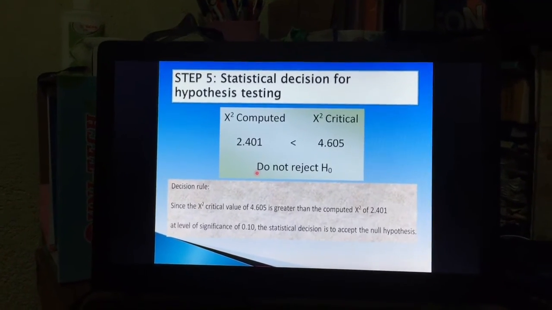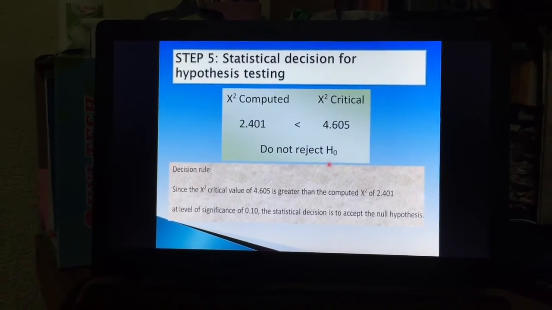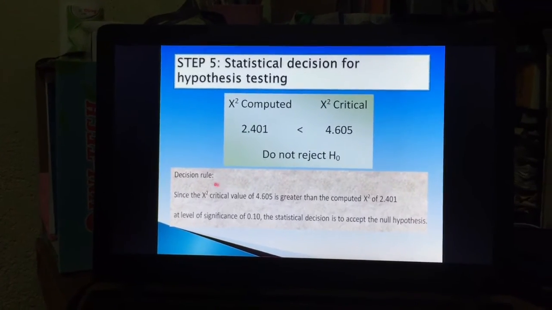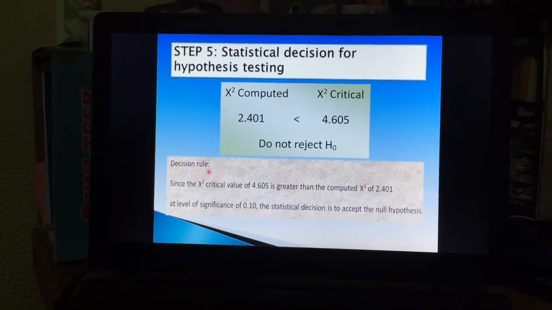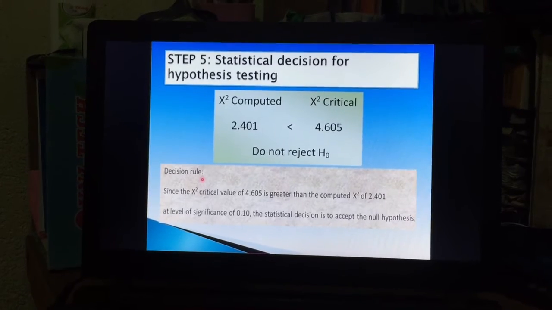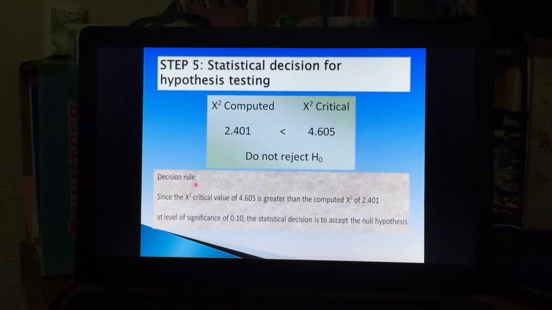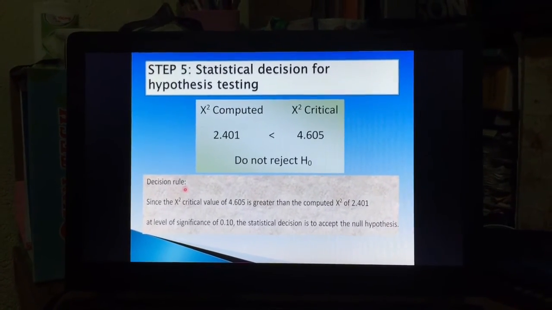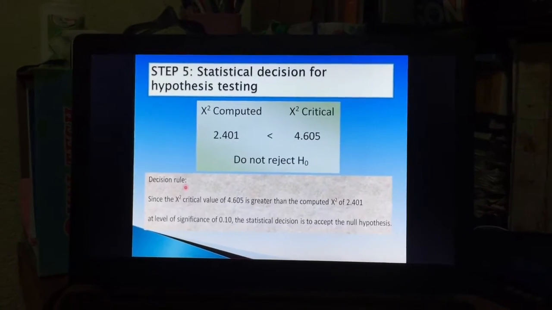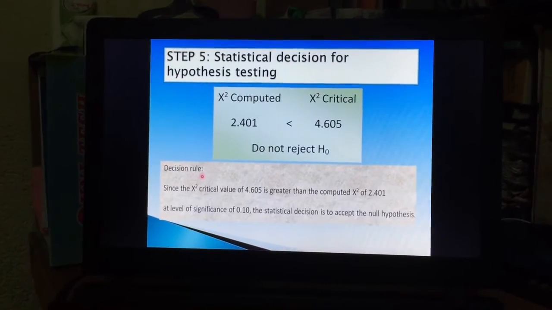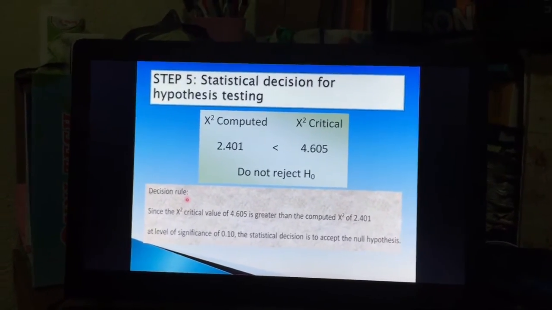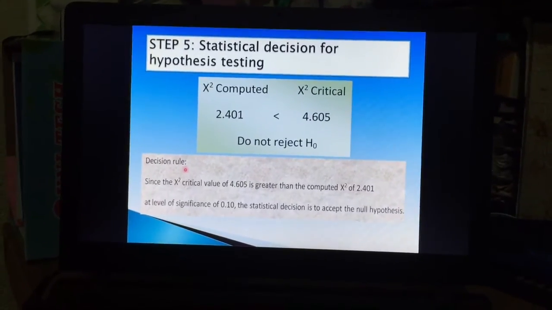Therefore, we are not going to reject the null hypothesis. And for our decision rule, since the x squared critical value of 4.605 is greater than the computed x squared of 2.401 at level of significance of 0.10, the statistical decision is to accept the null hypothesis.